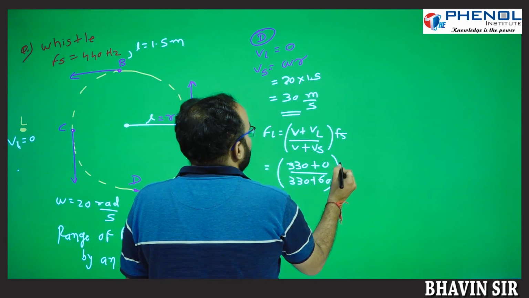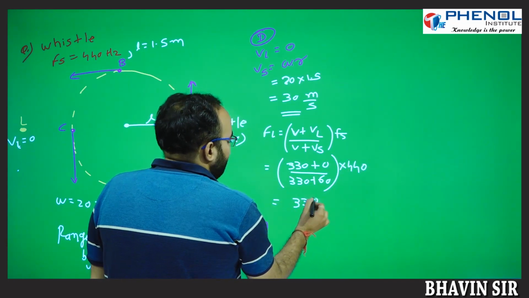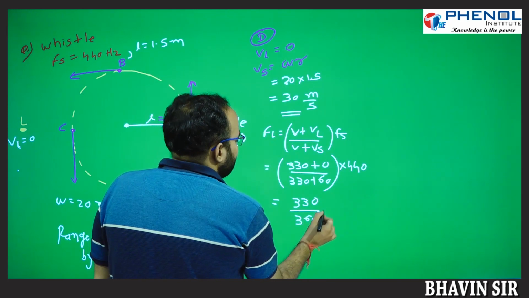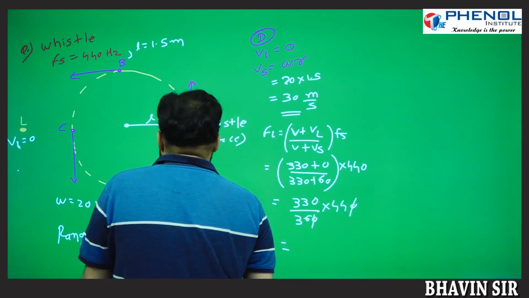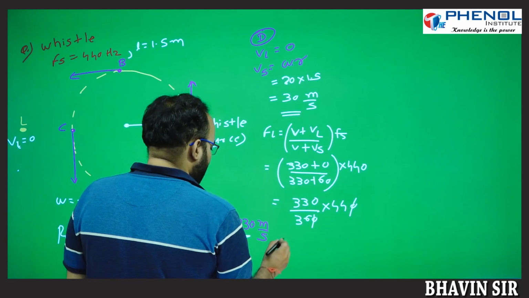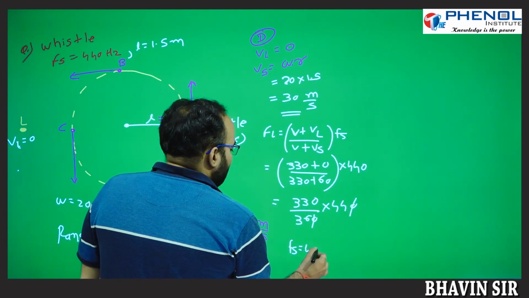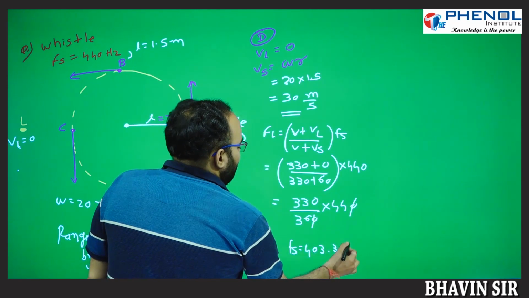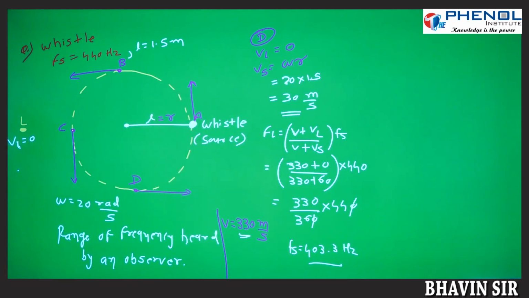The frequency of the source is 440. So 330 by 360 into 440. Our answer is 403.3 hertz.